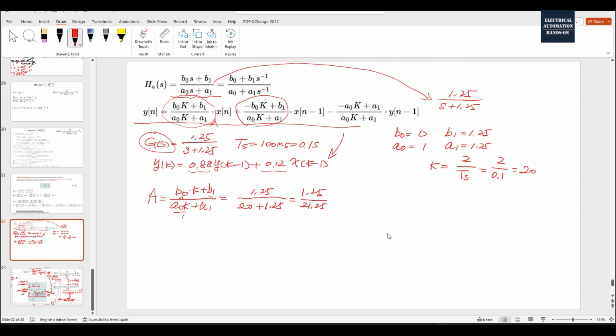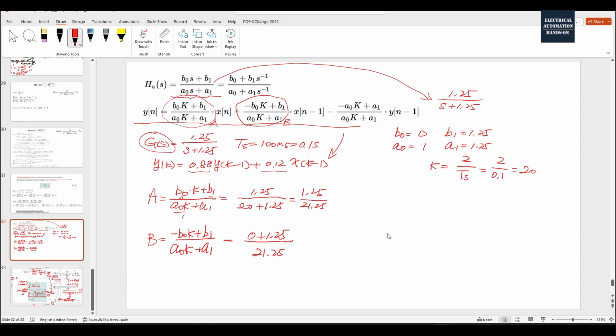Okay? Then let's calculate about this. This is called B. So B is equal to minus B0 K plus B1, over A0 K plus A1. Okay? Again, B0 is 0, so this is 0 plus B1, 1.25. And the denominator, they are the same, so this is 21.25.